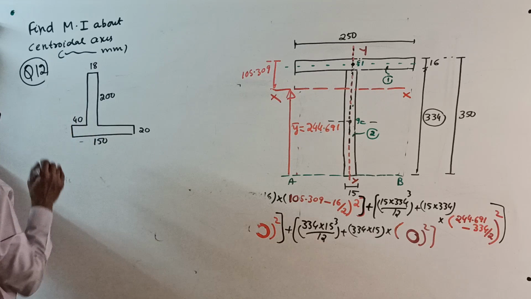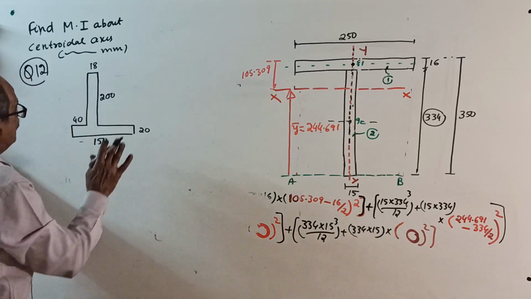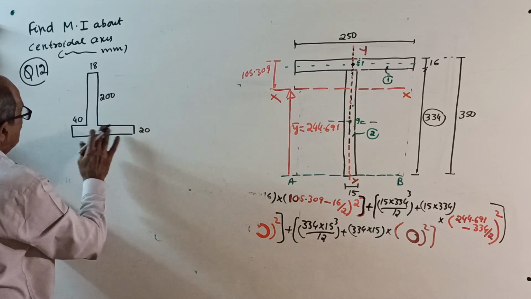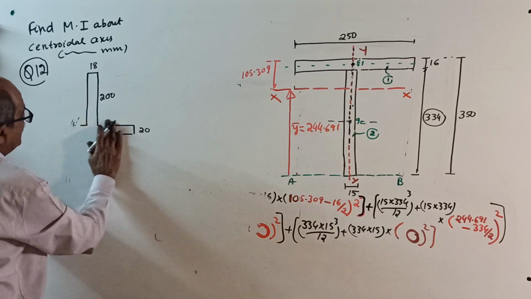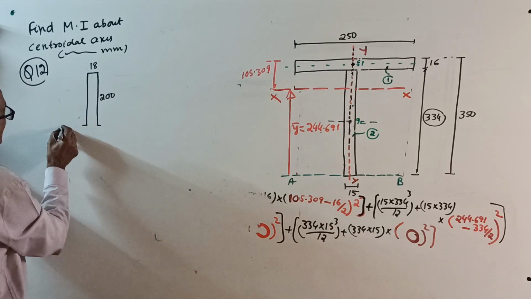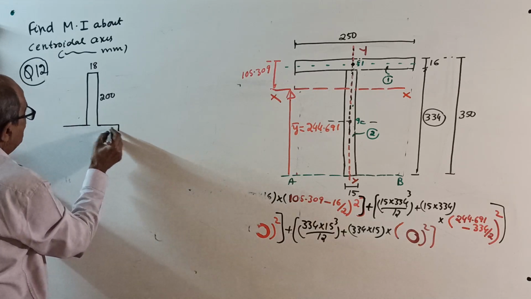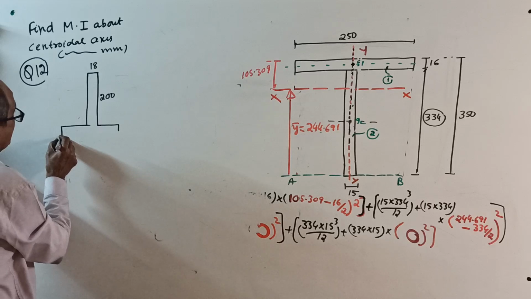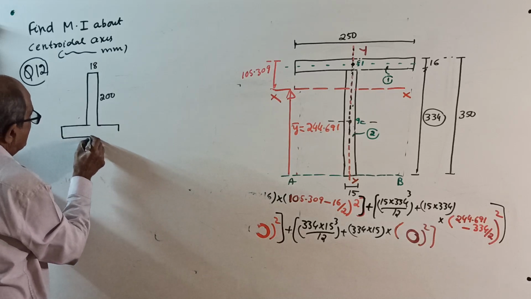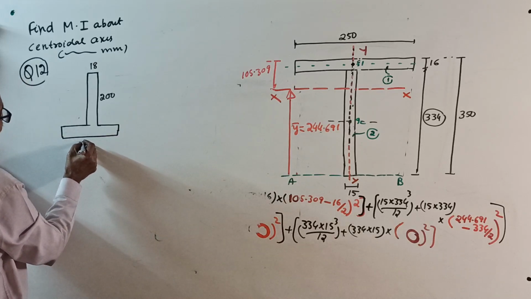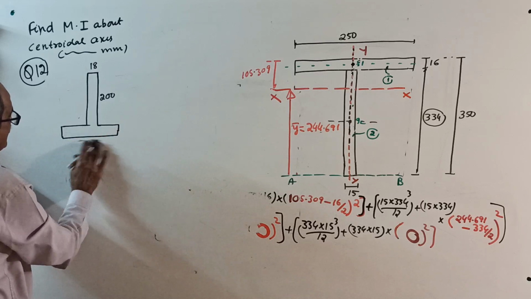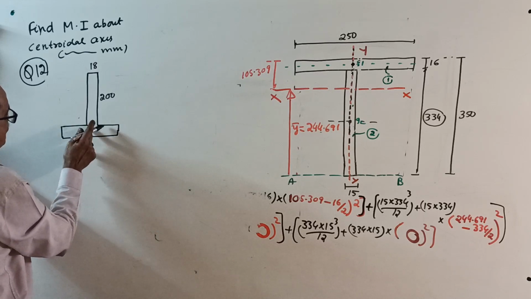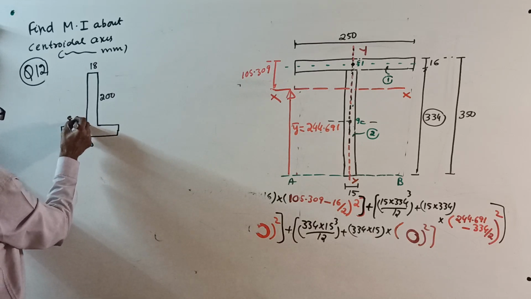Oh no, I want this side lesser. See, it becomes same as last time. Okay, now it is okay. 150, half is 75, 80.